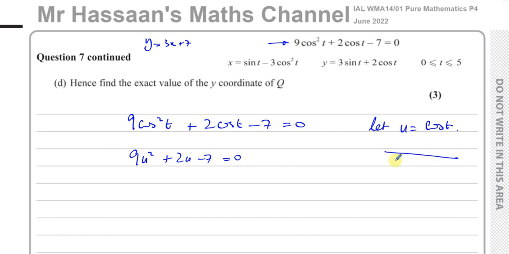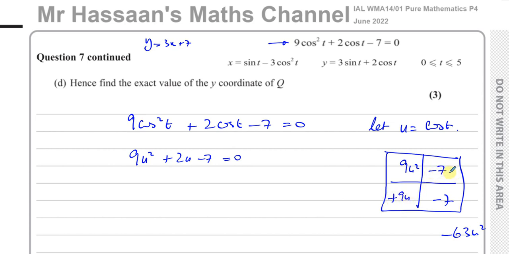Now let's try to solve this quadratic equation. We have 9u squared and we have minus 7. When you multiply them, you get negative 63u squared, and you need to have a sum of plus 2. So it's going to be 9 and 7, isn't it? It's going to be plus 9u and minus 7u.